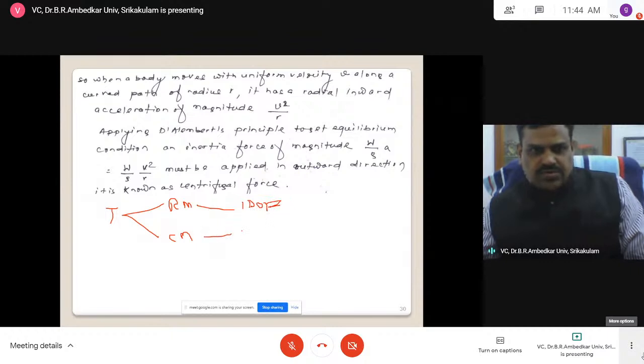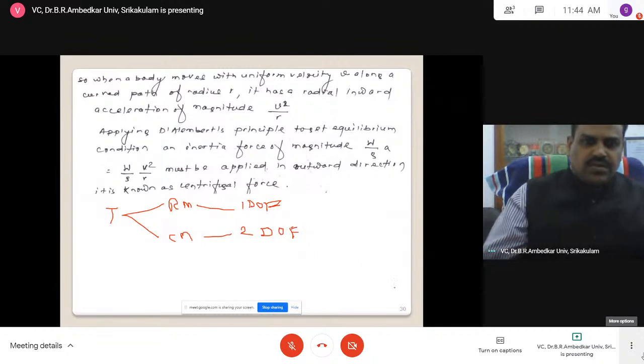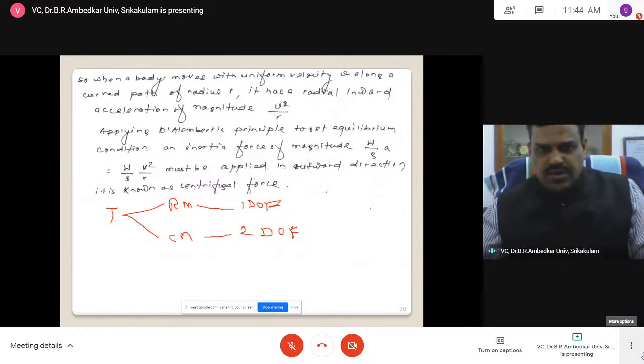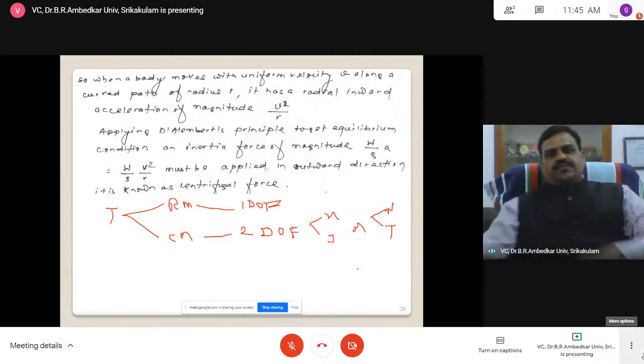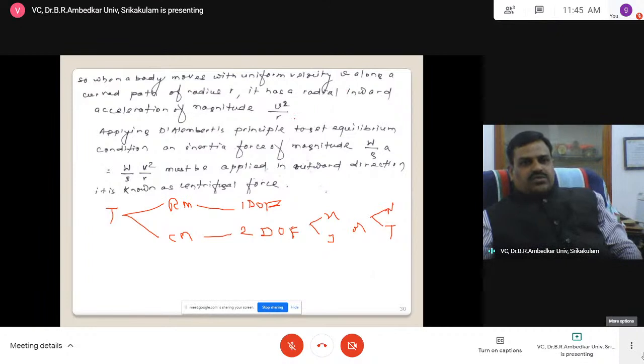The curvilinear motion has 2 degrees of freedom, that is translation in x, translation in y, or normal and tangent. So this is how generally we will consider the curvilinear motion of a particle.